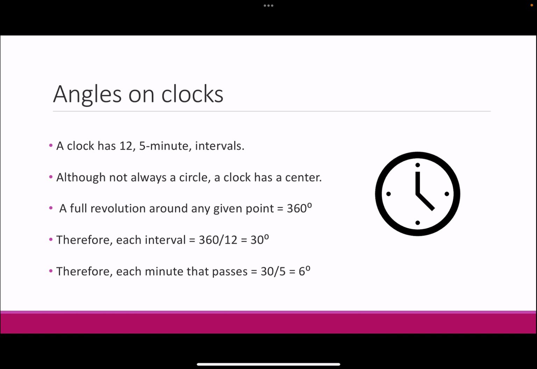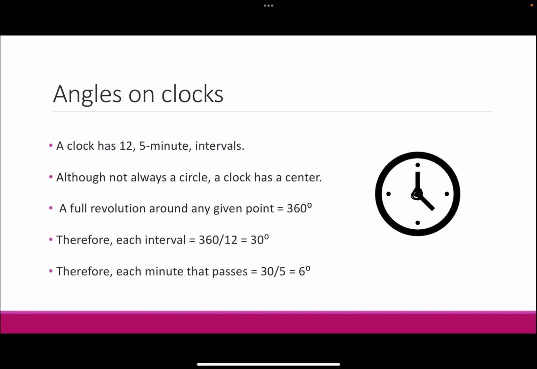We have 12 intervals on a clock that are all 5 minutes each. Some clocks have even smaller intervals to show the minutes in between, some don't. Although a clock isn't always a circle, it always has a center.